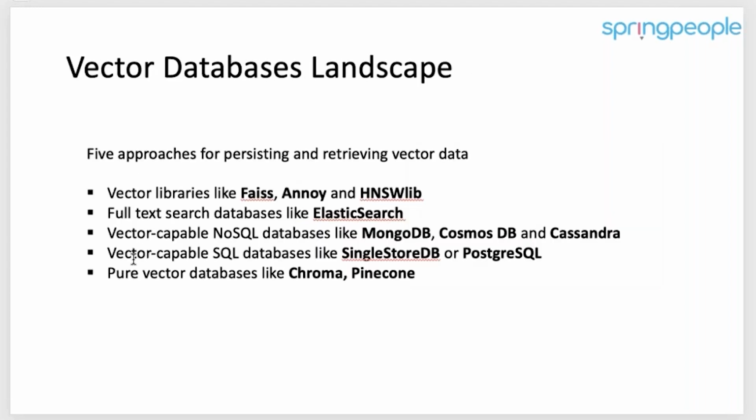Okay, so the vector database landscape. There are different varieties of vector databases. Some are libraries, some are full-fledged databases, some are horizontally scaling, some are vertically scaling, some are NoSQL, some are relational, and we see all these combinations in the vector database space.